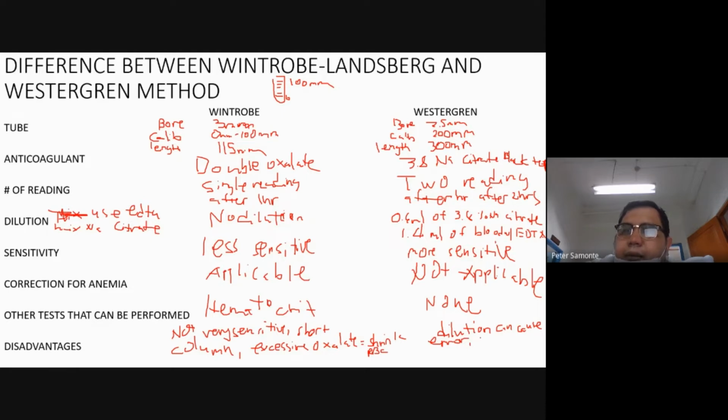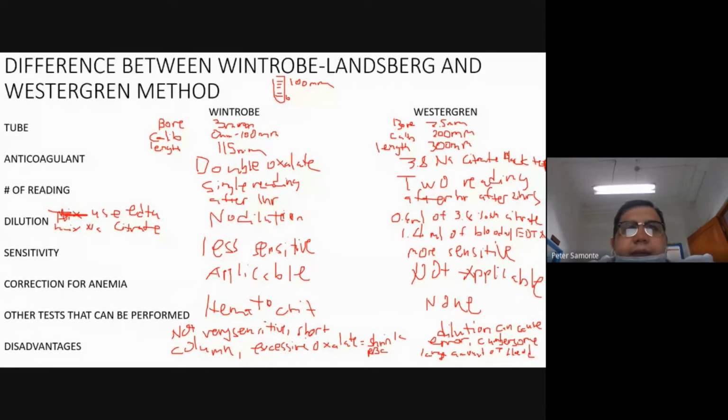Matrabaho to, class. So, cumbersome. So, when you say cumbersome, matrabaho. Tapos, large amount of blood is used. Kasi, di ba, 300 millimeter yung length niya. So, you would need at least, siguro mga 3 ml or more than 3 ml of blood. Ayan.